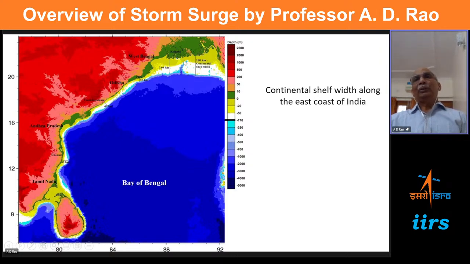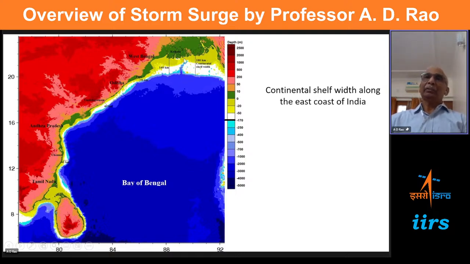So you expect that if a cyclone of the same intensity crosses here, you can get more storm surge here compared to here, because the width of the continental shelf is larger. That is the basic reason, because the amplification is much higher. Not only storm surges, even tides also.